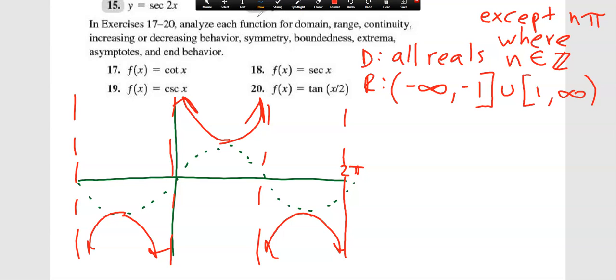What about continuity? Is this function continuous? No. It is discontinuous, so it's got what kind of discontinuity points? It's got a lot of infinite discontinuity points. At what?